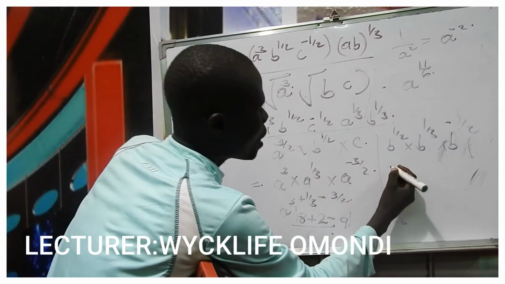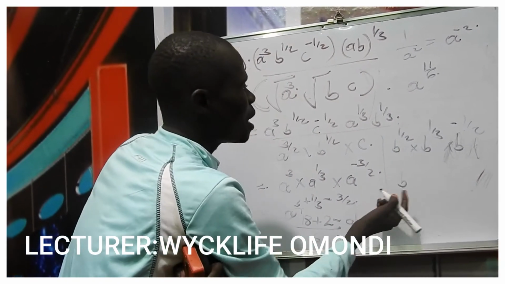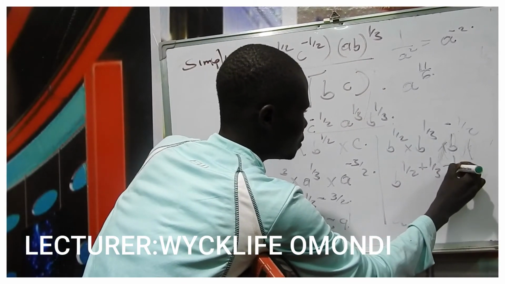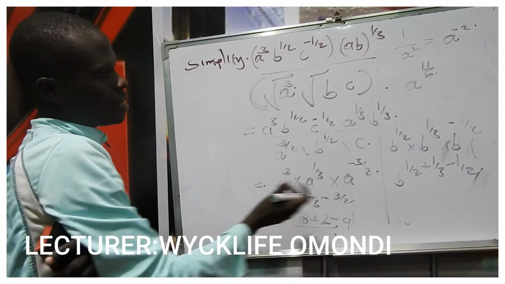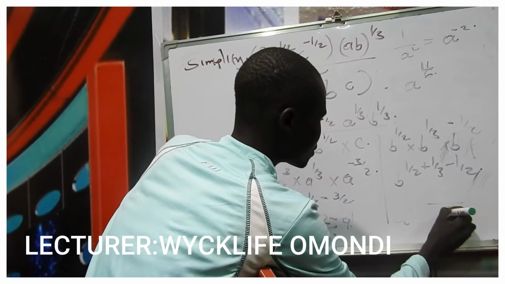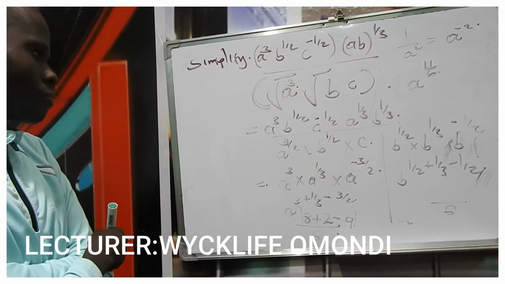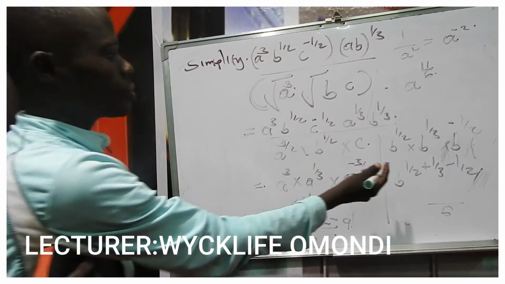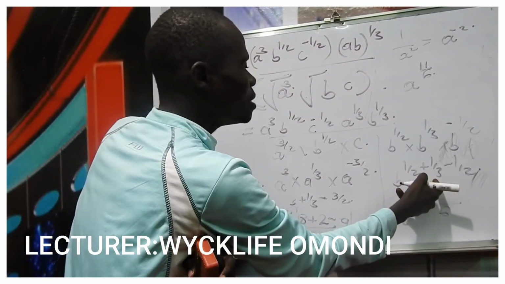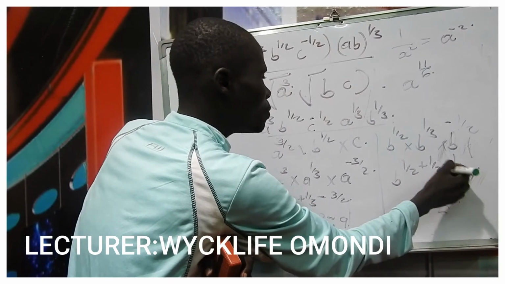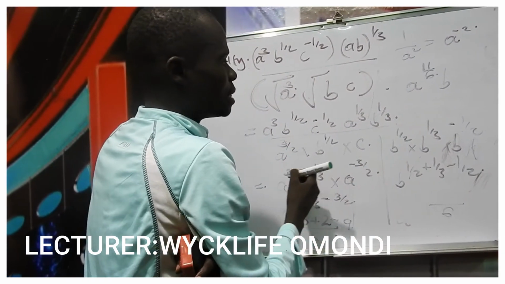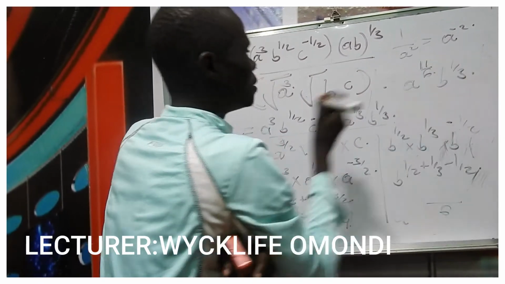The same thing, we maintain our base and add the powers. The LCM in this case will be 6, but before we calculate it, this is half plus a third minus half. So this one will go with this, and our b here will be b raised to a third.